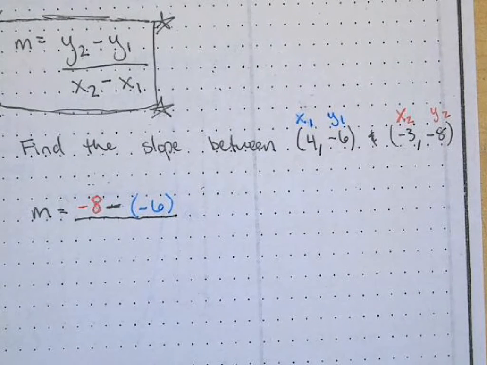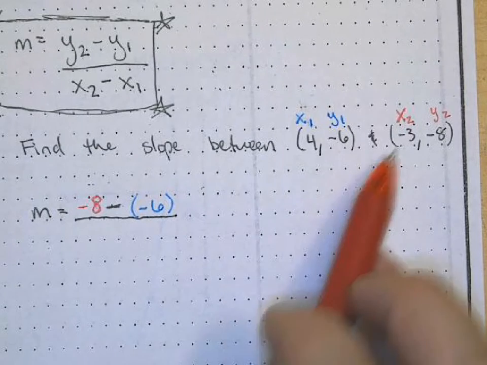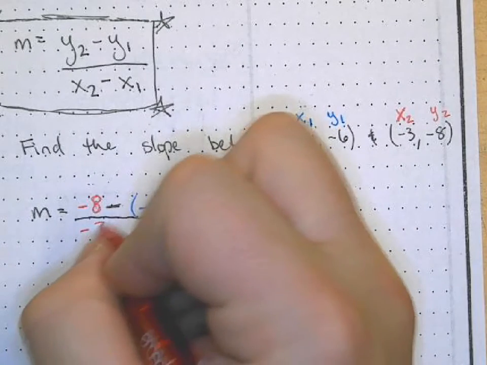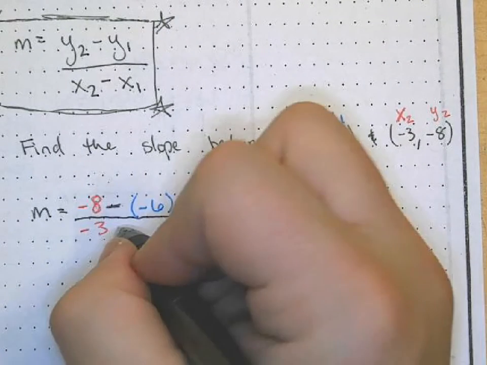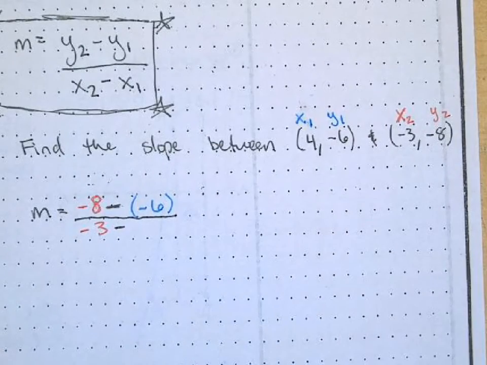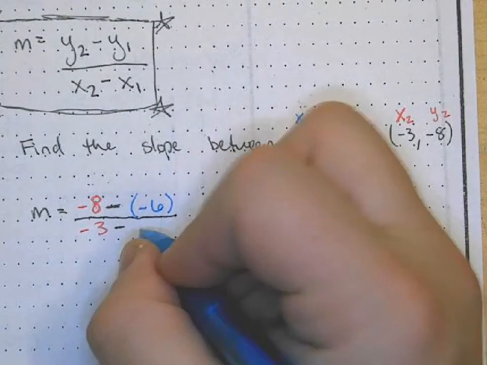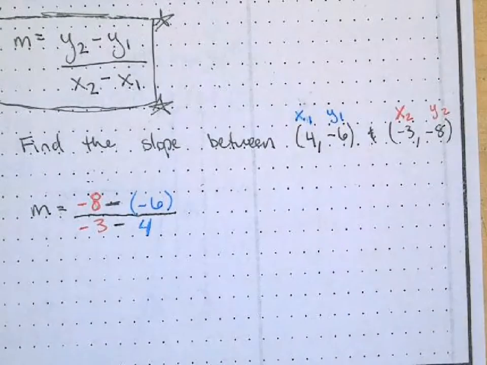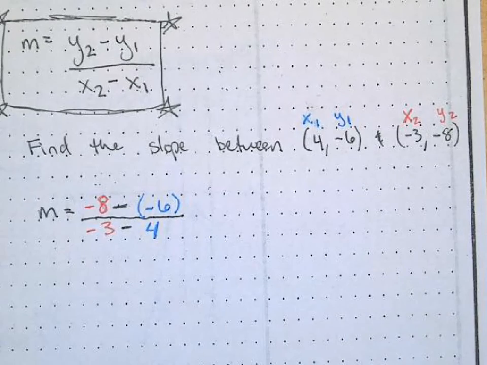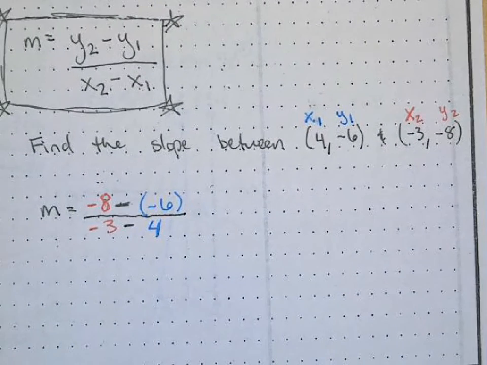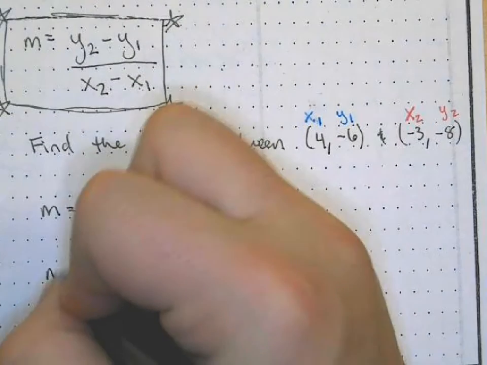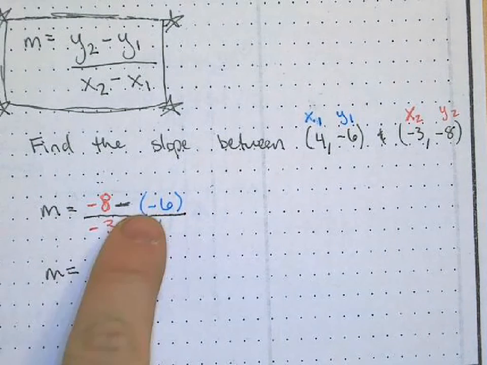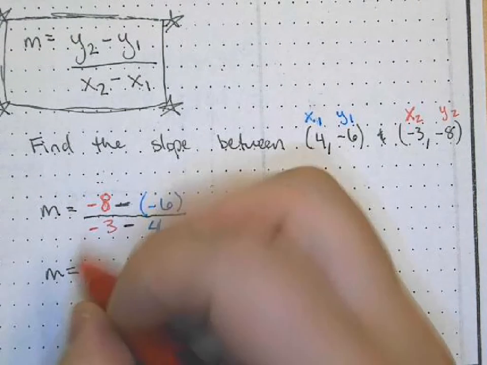So now we'll do our x's on the bottom. So I have x2, negative 3, minus, and then what's my x1? x1 is 4. And now we just simplify. So I'm going to get m equals, well, I'm going to go ahead and turn my minus and minus into a plus.